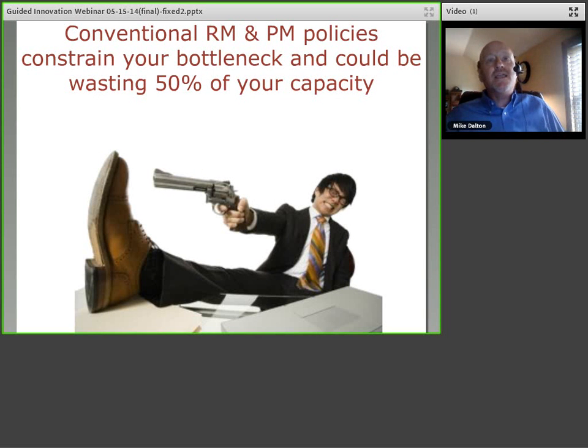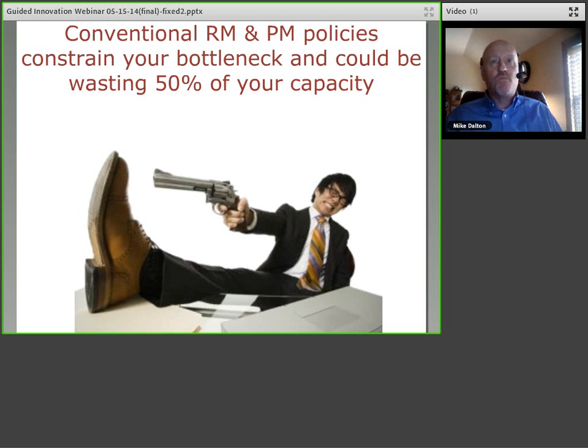Now, in terms of constraints, conventional resource management and project management processes can be what we call a policy constraint. And that means that they actually act on your bottleneck to constrain or limit the output of your system, hiding or really, in a sense, robbing you of as much as 50% of your real capacity.